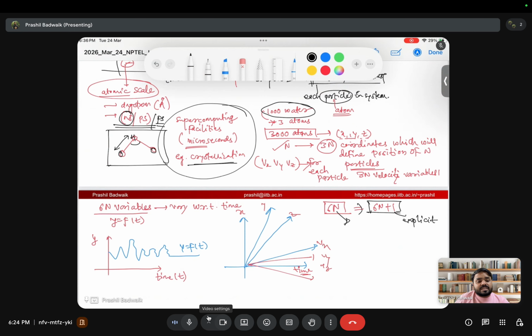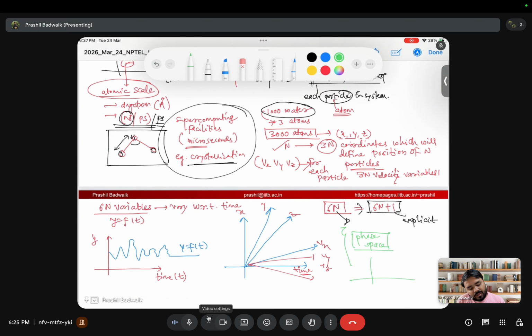So this is a 6n-dimensional space, and this is referred to as phase space, where the positions and the momenta are varying.